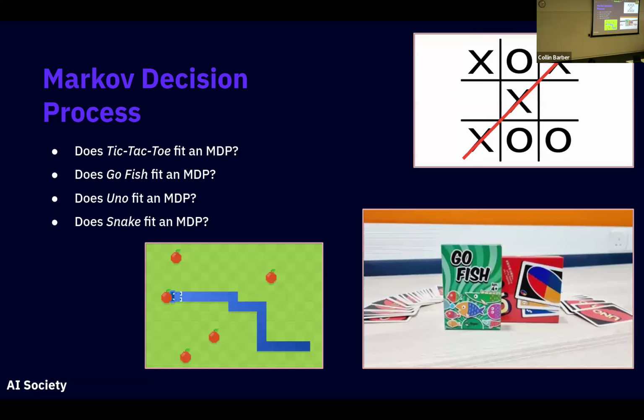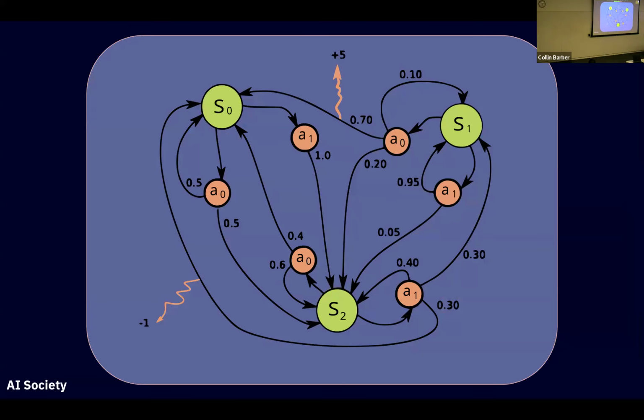So Wikipedia loves this graph. I don't know if I love it. What they're trying to get at here is that in this game, not a very fun game, but it's a game, you have 3 states, and you can take actions. Like from state 2, you can take action 0, and it has some chance of resolving back to state 2, but it also has some chance to resolve back to state 0.